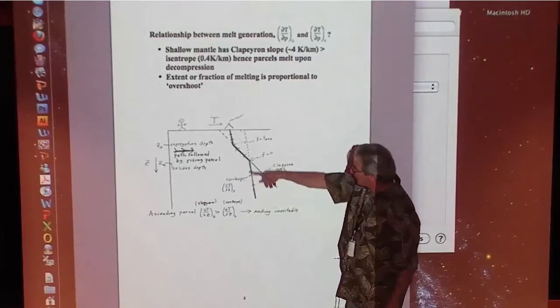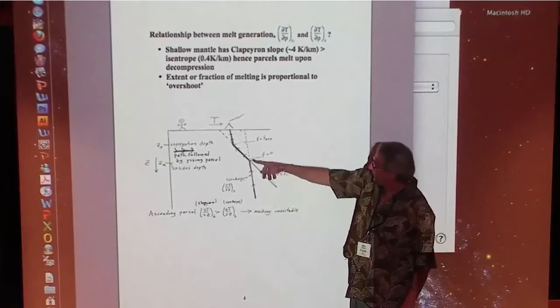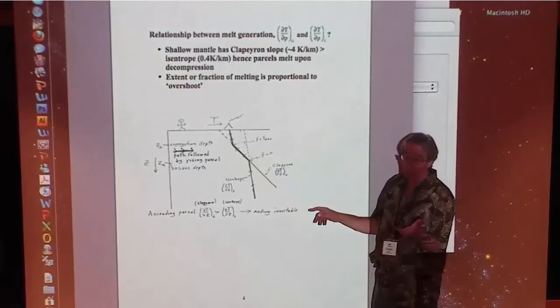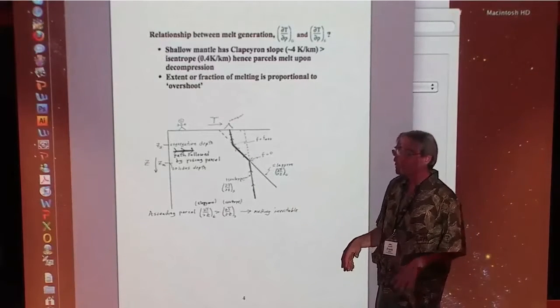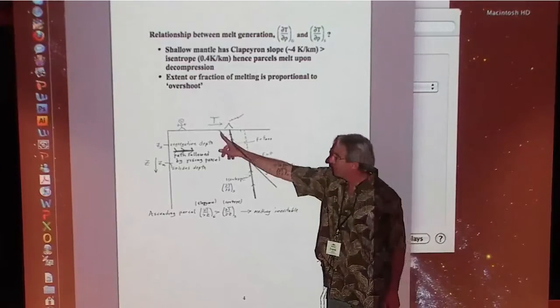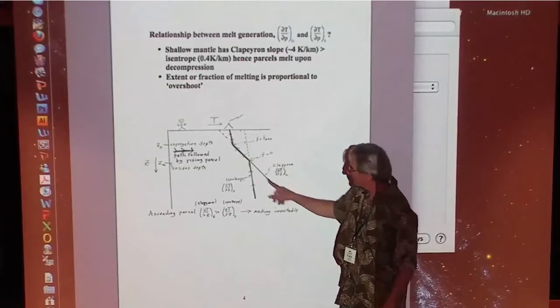This is its temperature gradient in a previously convecting system. It's rising here. This line is the Clapeyron slope, the melting curve. If this was a diopside planet, an exoplanet of diopside, all calcium, magnesium, silicate, then this is the melting curve for diopside that started this lecture.